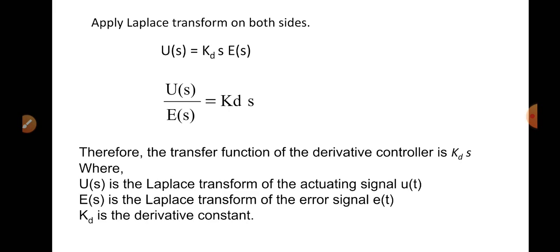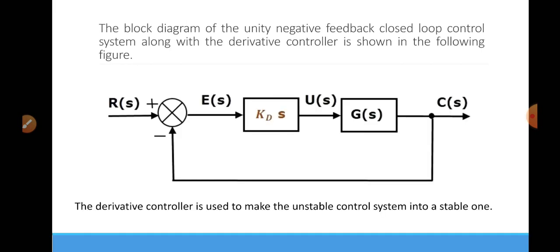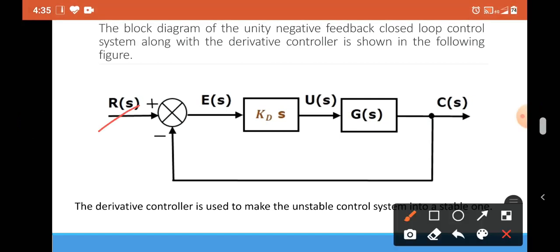Now let us see the block diagram of this derivative controller. It is given here. The block diagram is similar to the previous one, where R(s) is compared with the feedback signal, which is a negative feedback signal. Because of the comparison of R(s) and the feedback signal, an error signal is generated, which is given to the derivative type of controller.